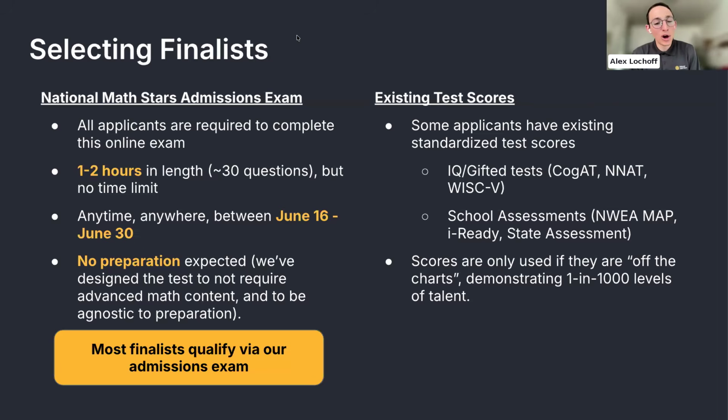In general, we know most applicants for our program are already scoring very highly, 98th, 99th percentile. So in general, we only consider existing test scores if they are truly off the charts and provide us with overwhelming evidence that this is a child with 1 in 1,000 ability. Otherwise, almost all applicants are selected as finalists based on performance on our National Math Stars admissions exam.